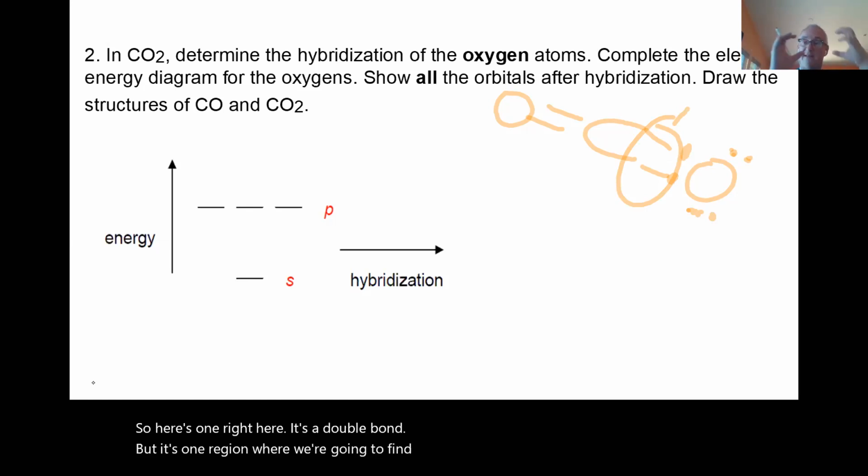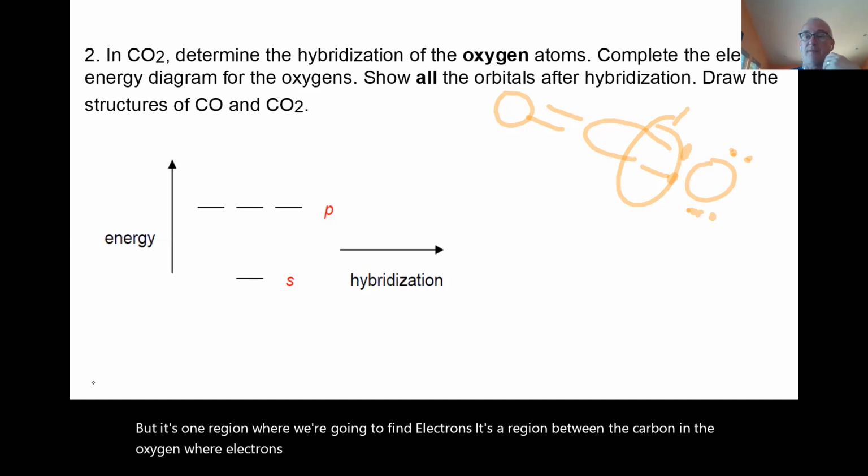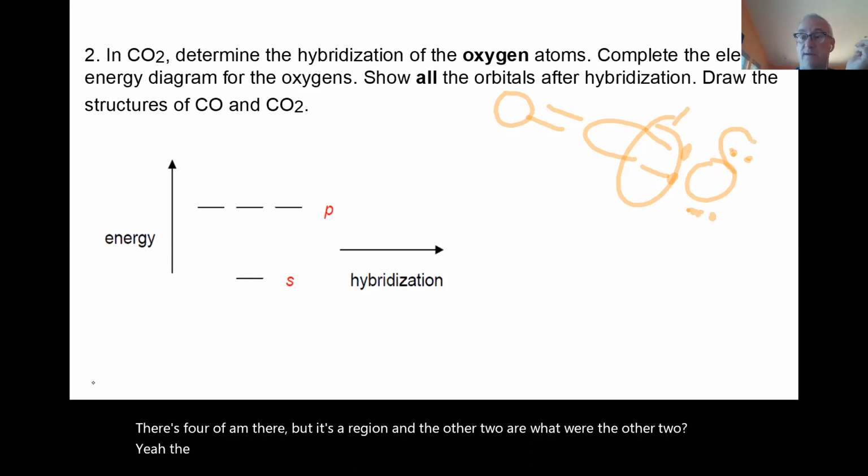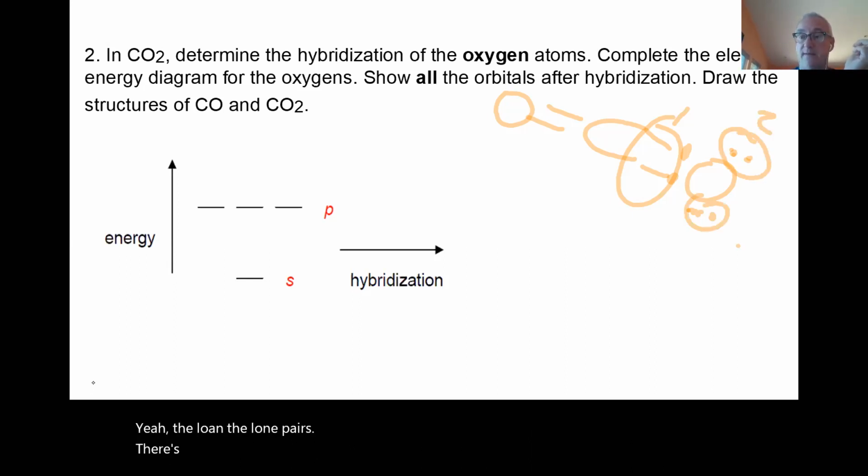It's a region between the carbon and the oxygen where electrons are. There's 4 of them there, but it's a region. And the other 2 are what? Where are the other 2? Up and down, the lone pairs. There's 2 and there's 3. So there's 3 regions where we would find electrons.